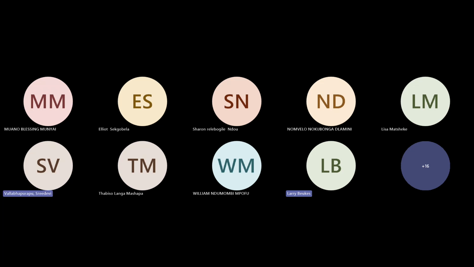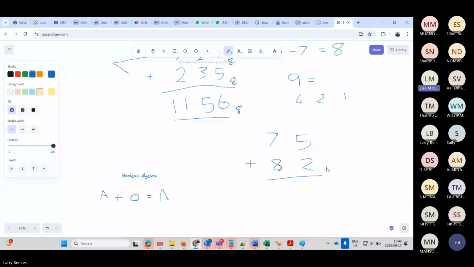So it's going to be fine. I think you are not sharing the screen, because I can't see the number. Okay, sorry. All right. 75 plus 82. This is octal, base 8. We still can't see the screen. Yeah, now we can see.